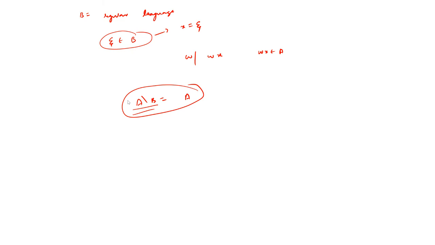If epsilon is part of B, I will trivially take x equal to epsilon. Then what is A slash B? A slash B is nothing but A. That is why, if epsilon is part of this language, A slash B is trivially context free. If epsilon is not part of B, then you will search for a suffix such that W is part of L.